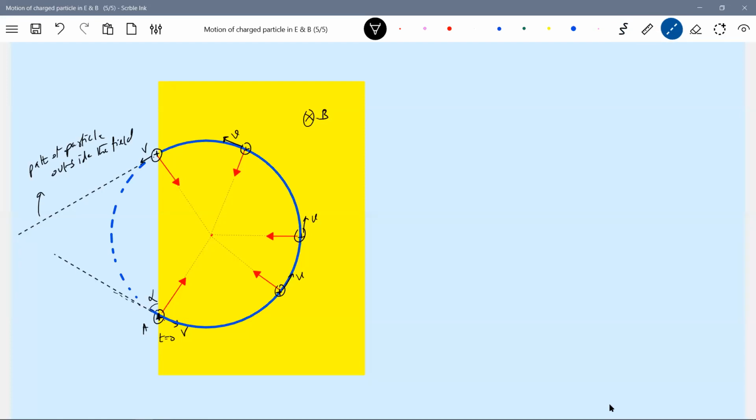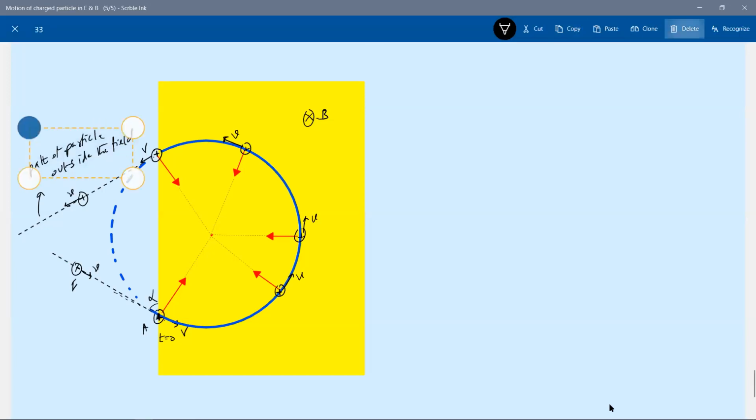We have asked even such questions, and some great thinking brains say, sir, it will go around. How is that possible? It'll go undeflected, no? Similarly, same thing here. Path of particle outside the field.